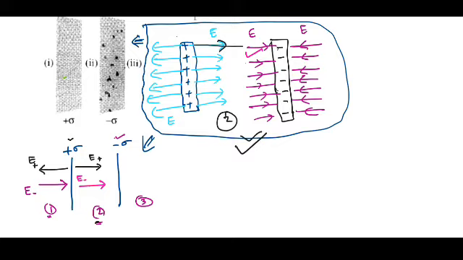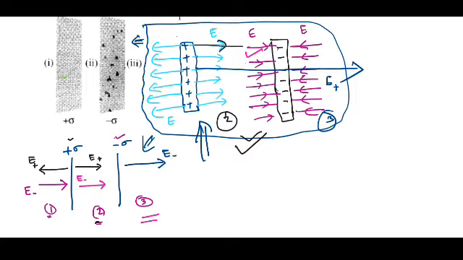Then next I have to draw the electric field lines in region 3. In region 3, the electric field lines are coming from this positive charge. If you look at this figure once again, from this positive charge the electric field lines are going away, like this. So in region 3, this is the electric field due to the positive charge, that is away, E plus.